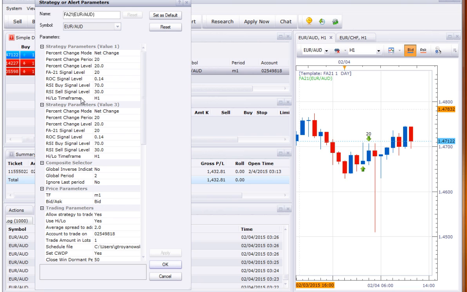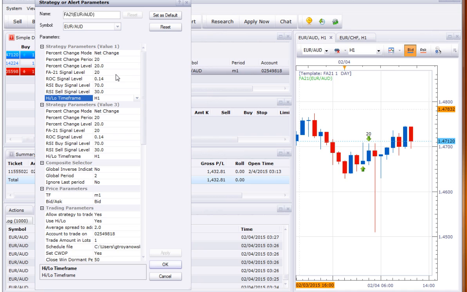So let's start with this high-low time frame parameter. That can be set to any time frame, but the parameter settings in the PDF from the website shows an hour. H1 means an hour. Values 1 and 2. Value 1 and value 3. We're going to talk about what that means in the scheduler, but I'm going to mention it right now.